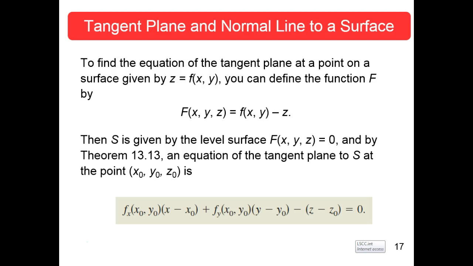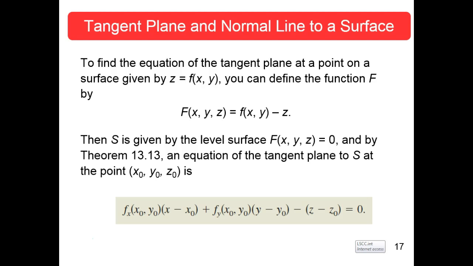And by theorem 13.13, which we had just earlier, an equation of the tangent plane to S at the point x0, y0, z0 would be the partial of F with respect to x at this point, dotted with the vector in the tangent plane, which would be x minus x0.